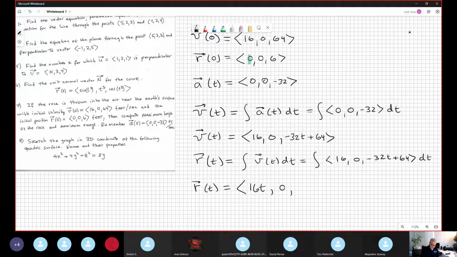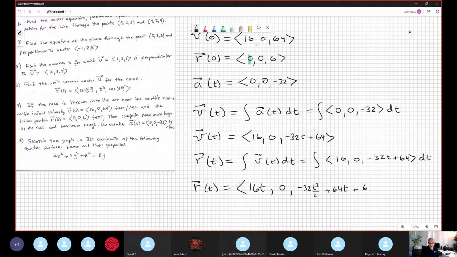Comma. Then the antiderivative is a little more interesting: negative 32t squared divided by 2, plus 64t, plus a constant, in this case 6, because the initial position in the z component is 6.